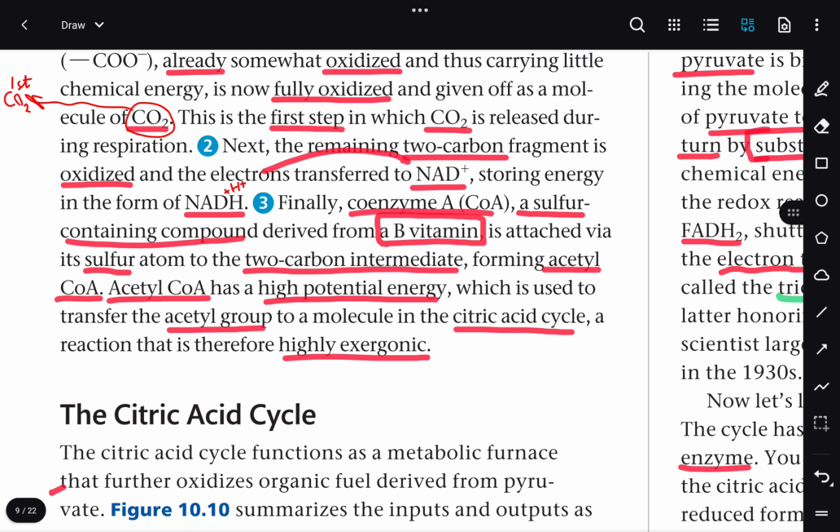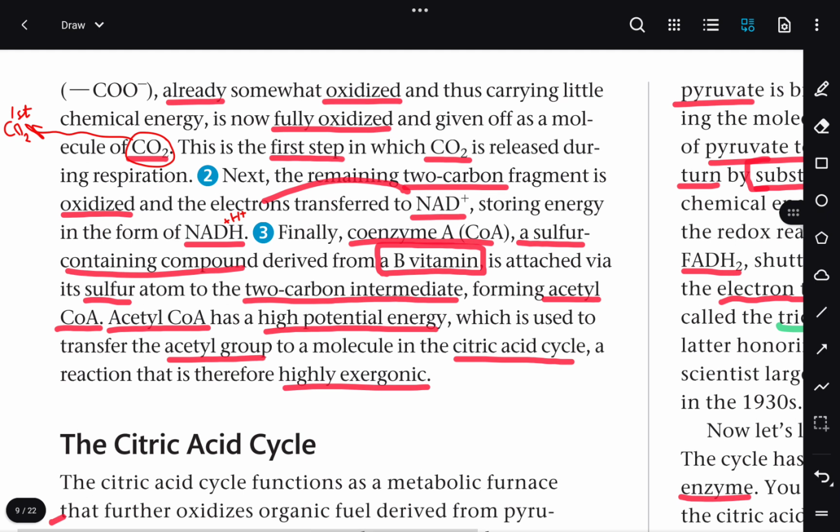Second, now we have a 2 carbon fragment, which is further oxidized, and this oxidation will provide us with NADH.